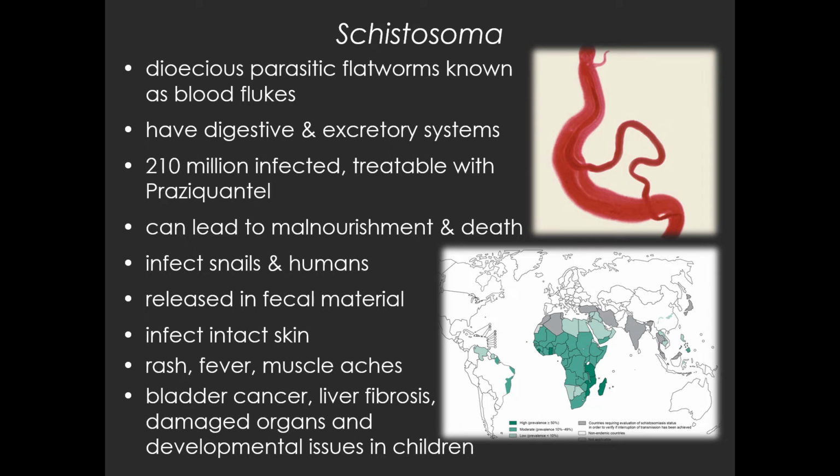It has 2 hosts, not 3 like Dicrocoelium dendriticum. This one infects snails and humans, and it is released in the fecal material of human beings and then infects intact skin in its next host. It causes rash, fever, muscle aches, and it can also lead to bladder cancer, liver fibrosis, damaged organs, and developmental issues in children.